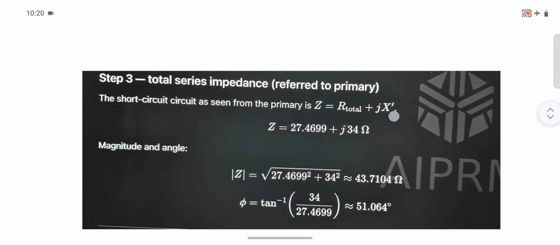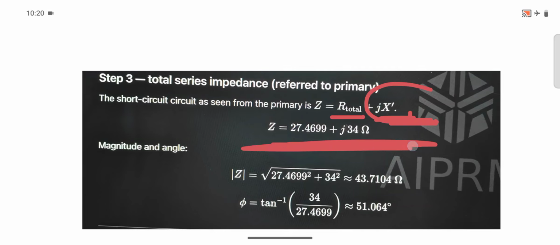Now the total series impedance is given, and as we know, total series impedance is equal to R total plus jX, the reactance. So this will be the total series impedance, and its value, as we know, will be the square root of the sum of squares of both.